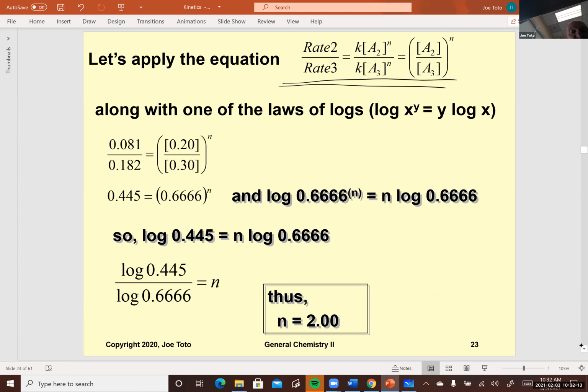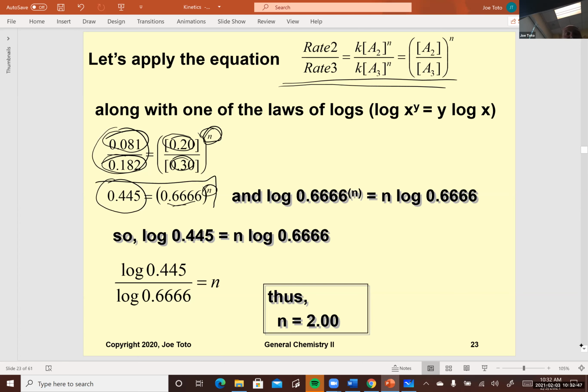You put in the rate of 2 divided by the rate of 3, and you put in the concentration in 2 divided by the concentration in 3, all to this n power, and then solve for n. So how do you do that? Well, this ratio equals this number, and 0.2 divided by 0.3 equals 0.6. So we reduce that equation to here, but how do I solve for n?